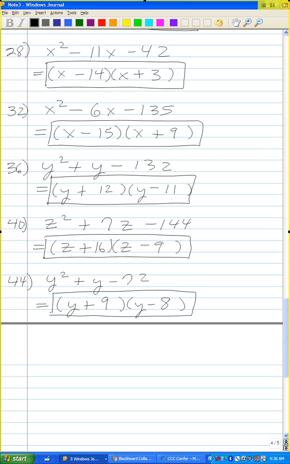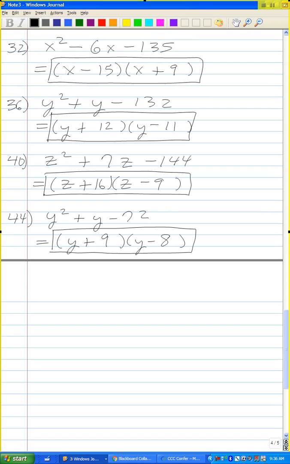Let me do problem number 48. 20 plus 12x plus x squared. Actually, I can write this in descending order and make it a little easier to do. So x squared plus 12x plus 20.